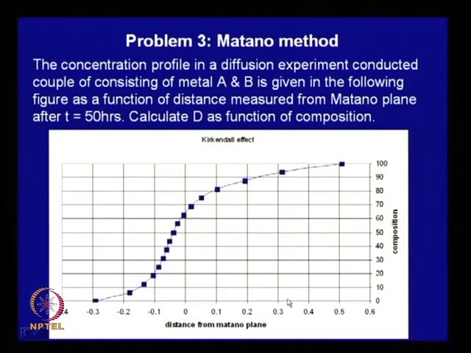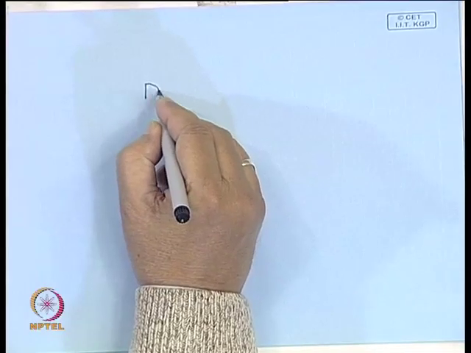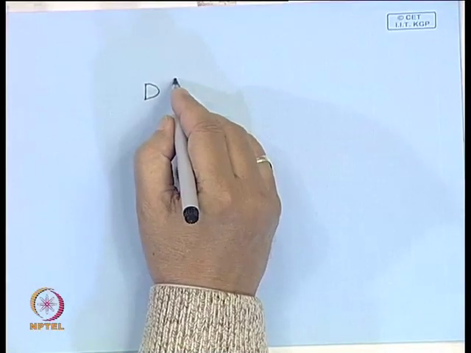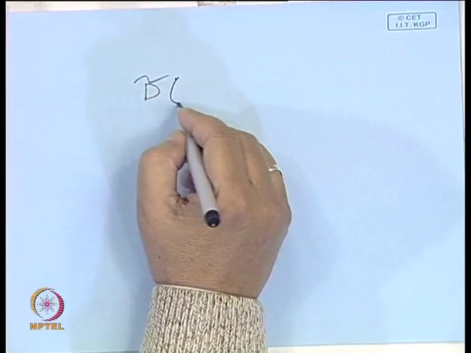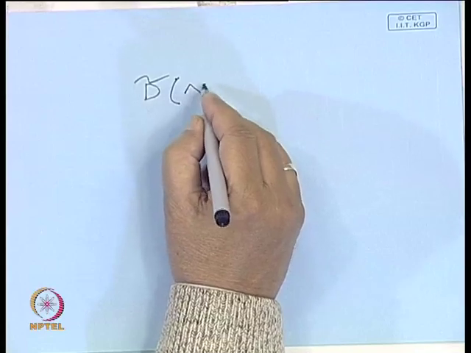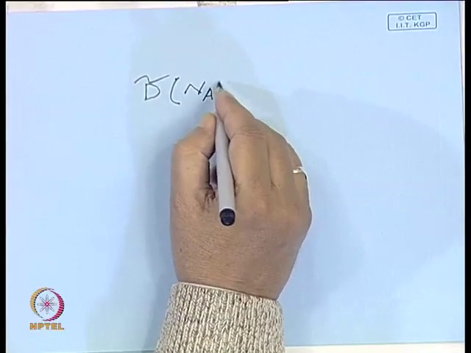Now, the third problem, we will look at the Matano method. The Matano method is very commonly used to find diffusivity in alloys, and we have seen during the lecture that diffusivity is actually a function of concentration. Say diffusivity is a function of the concentration in a binary alloy.